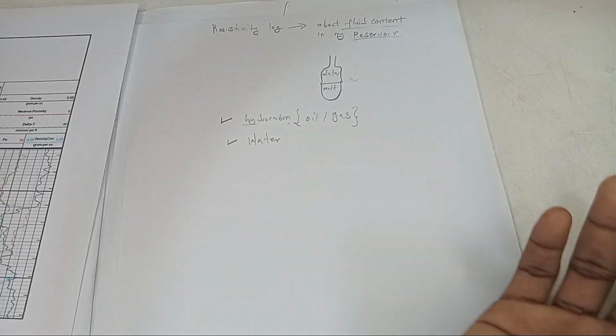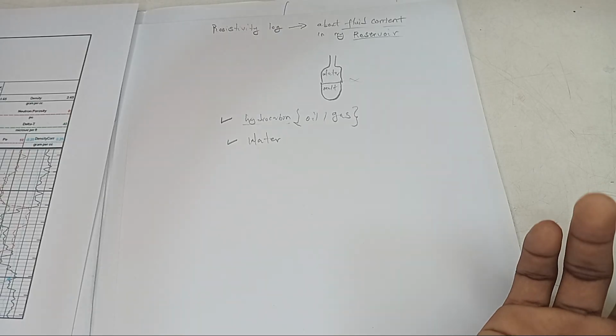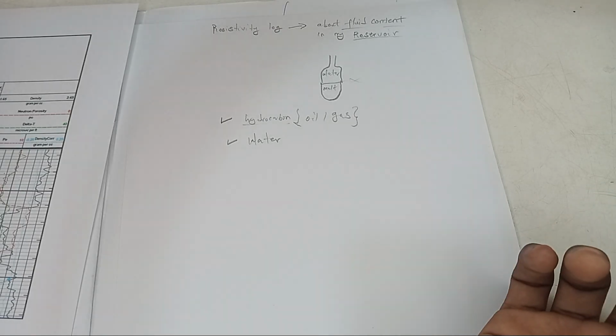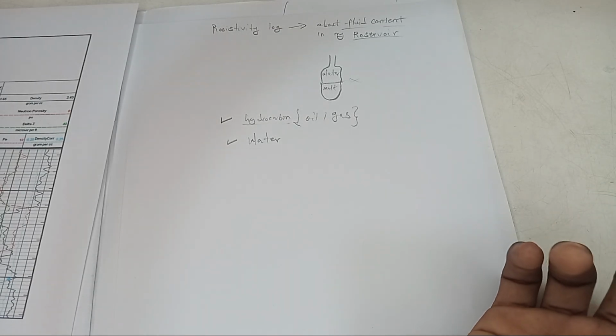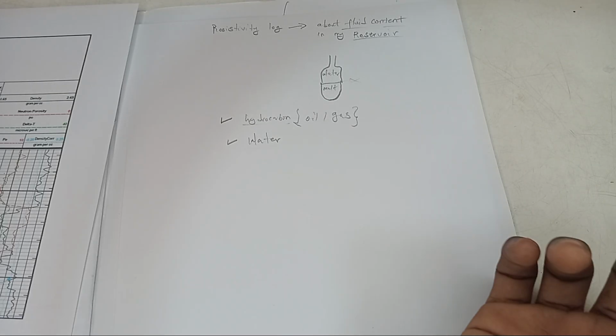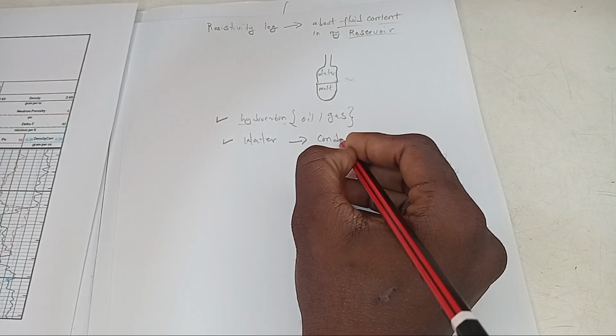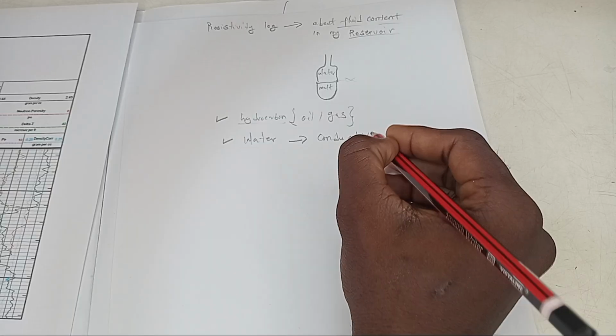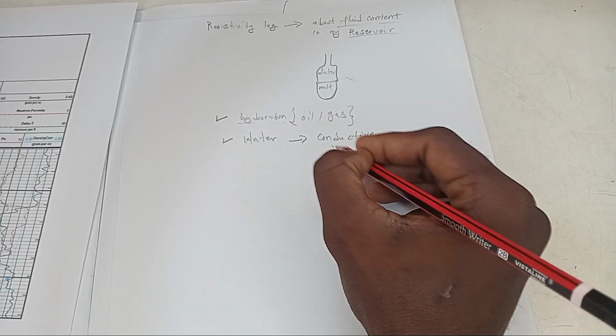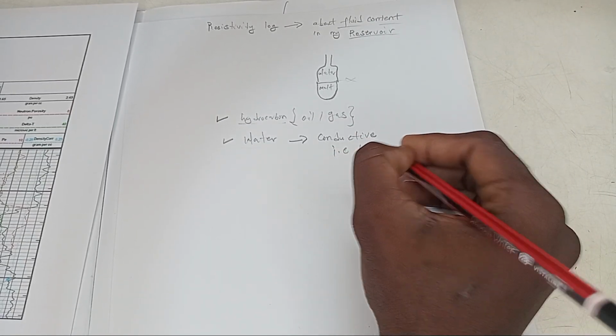No. We know that water, especially the kind we have in the subsurface, which contains minerals, is conductive. Most times it is actually saline. So it is very conductive, which means it has low resistivity.